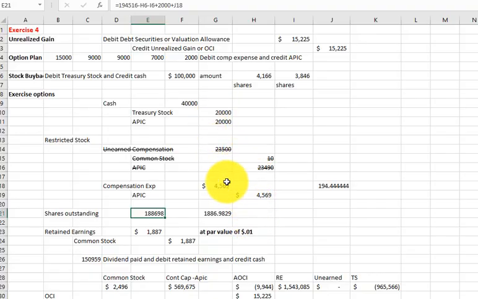And we also include the restricted shares that are earned, as they become part of the shares outstanding as well. So we include the number of shares that have been earned during that time period. So our total shares outstanding is here.